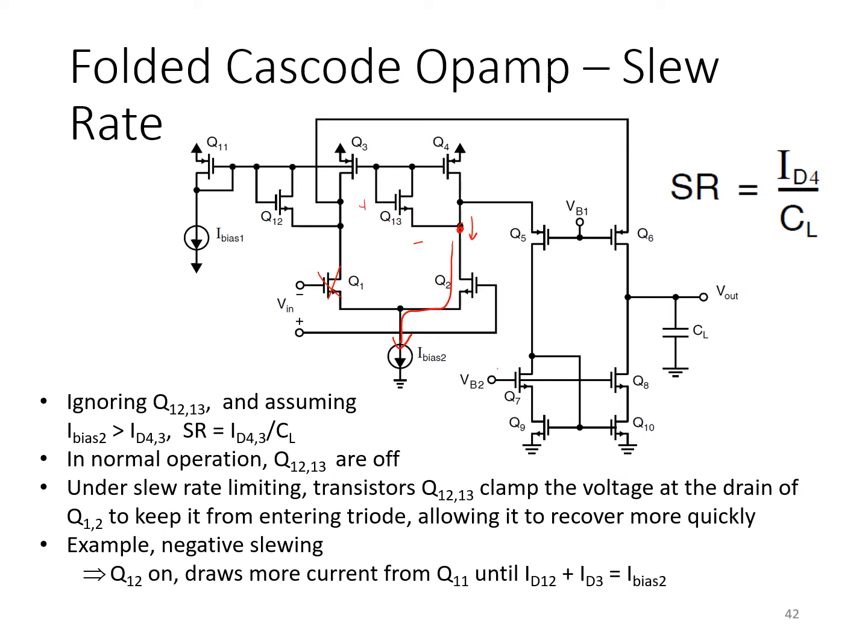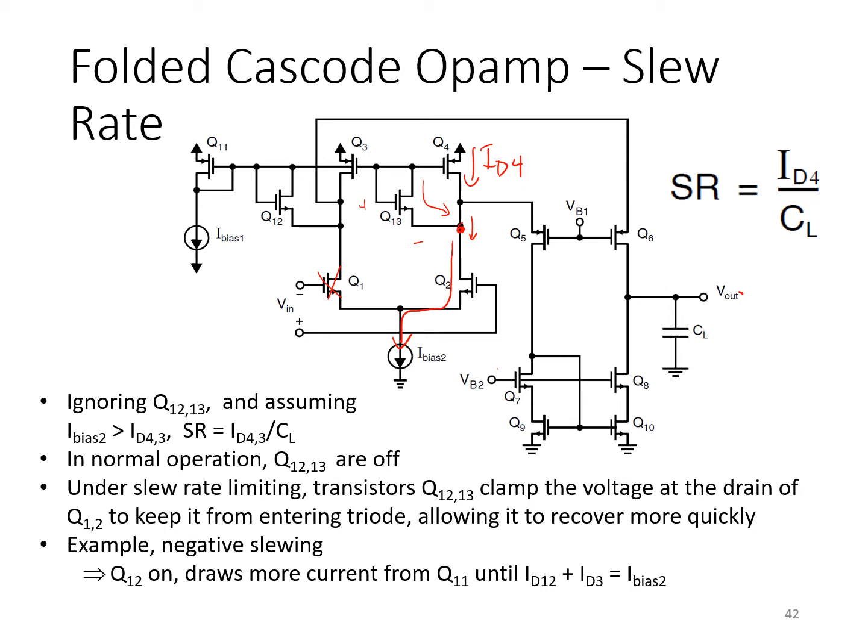First of all, Q13 can then supply the missing current that makes up the difference between ID4 and I bias 2, and in effect prevents this node voltage from dropping much further, right? So under slew rate limiting, one of those two transistors effectively turns on and kind of clamps that voltage and prevents it from getting pulled all the way down near ground.